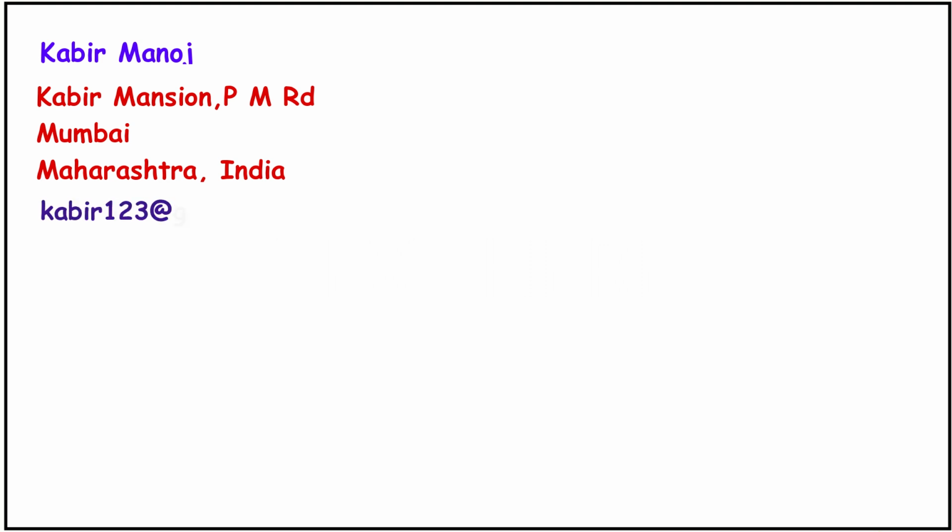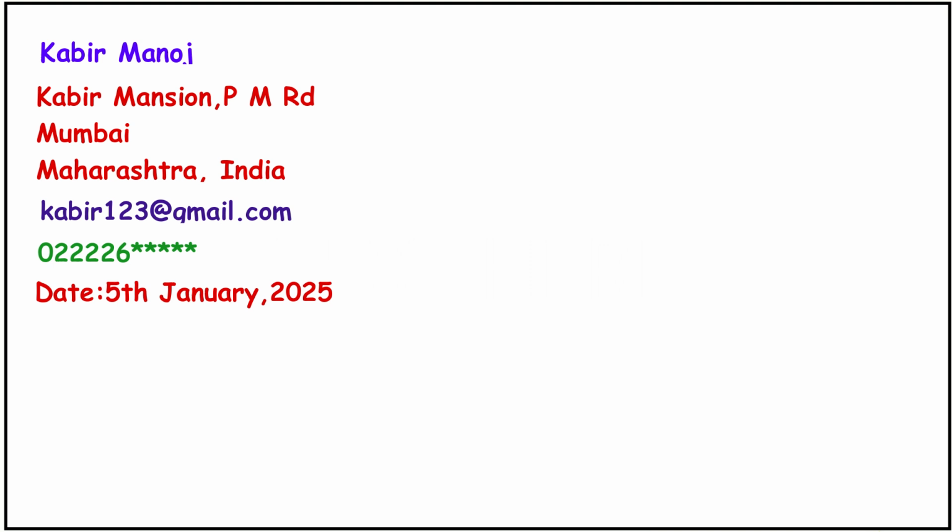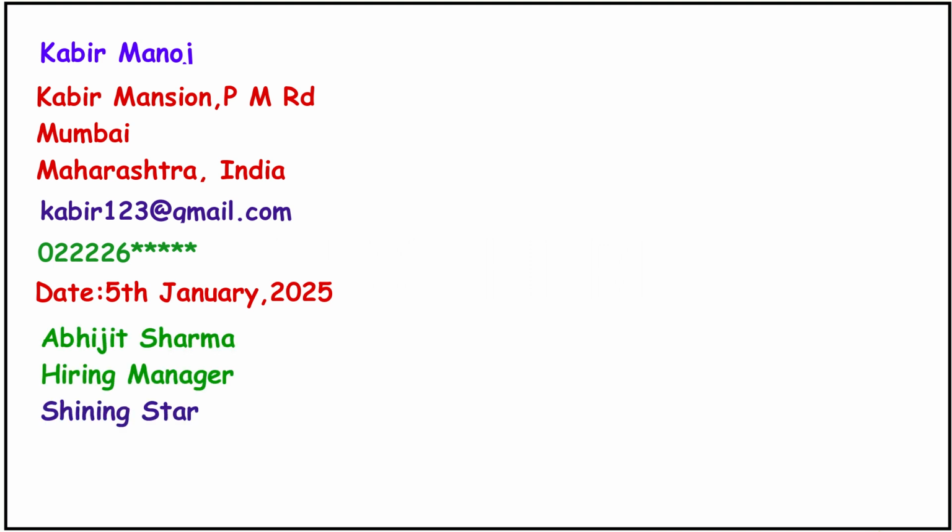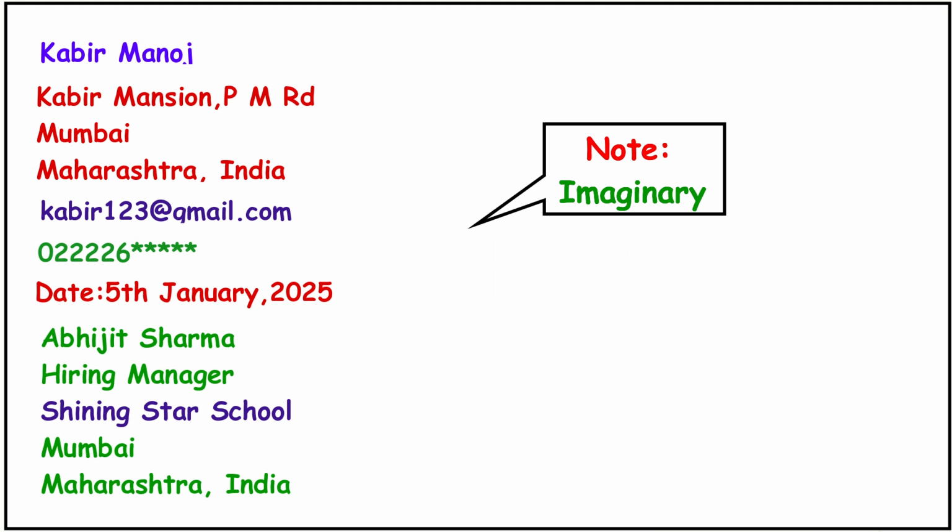Then comes your email address, kabir123@gmail.com, and then your contact number, then the date of application, then the hiring manager's name, the school name, and the school address. Note that all these contact numbers and addresses must be imaginary in your exams.